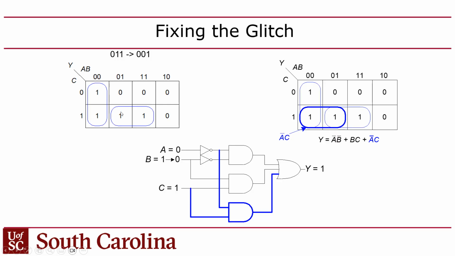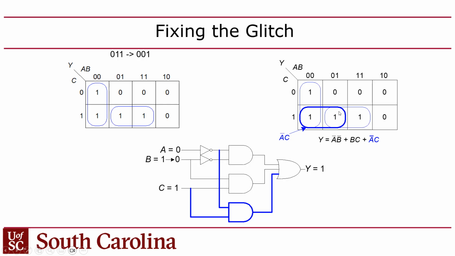And so when you change B with A being 0 and C being 1, you're basically jumping from this entry in the Karnaugh map to this entry. So you're going from one grouping to another in the Karnaugh map, right? One way you can address this is to insert a redundant term that covers that transition.